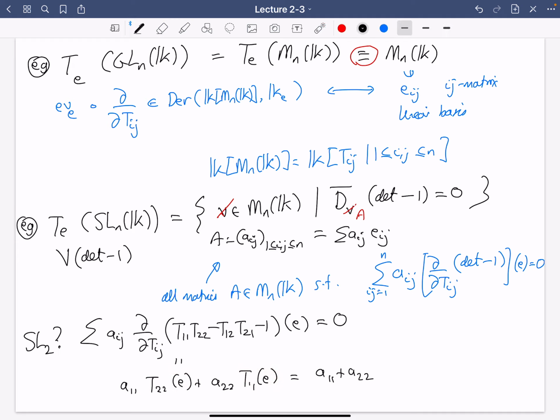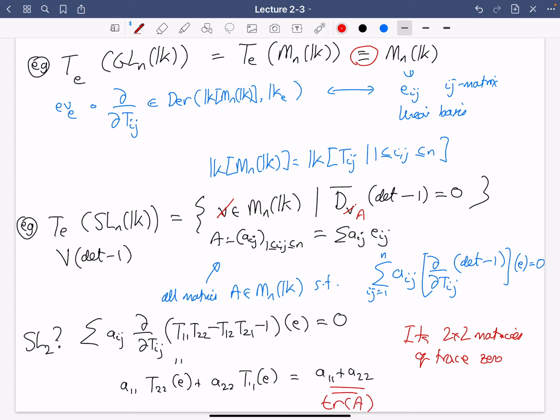Those are both 1. So what have we got? It's 2 by 2 matrices of trace 0. This right here, that's just the trace of the matrix A.